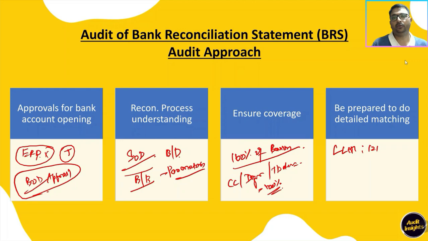This is where you could potentially look at frauds, right? So bank reconciliation, don't take it as a half a day or a 1 day kind of an approach. This will require detailed line by line matching. Yes, it might sound overwhelming, but we are going to see some of the automation approaches which will make this a bit more comfortable to do. But be prepared to do detailed matching.